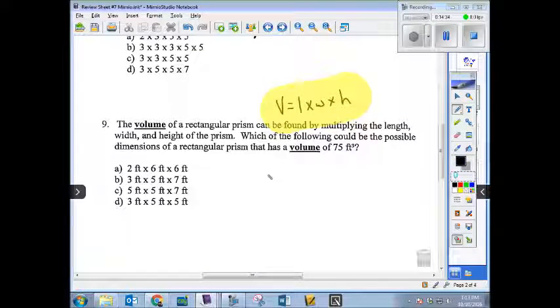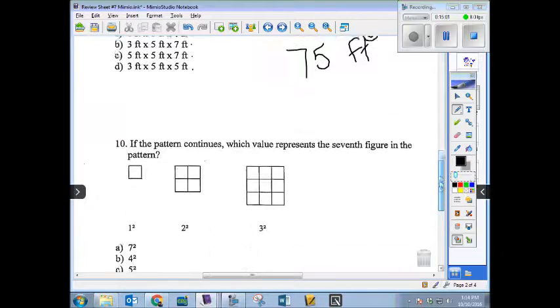But you just have to go through and figure out, if I have a volume of 75 feet cubed, which of these would actually give me that if I did length times width times height. You haven't learned this yet, so basically you're just going to go through here and check to see which of these equals 75 feet cubed when you multiply them. Notice it's cubed. Volume is cubed. Remember, area is squared. Volume is always cubed. Okay?